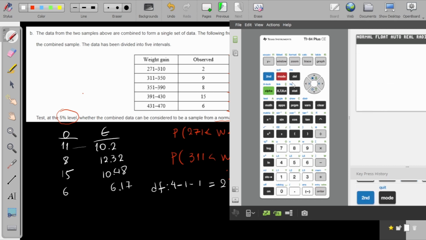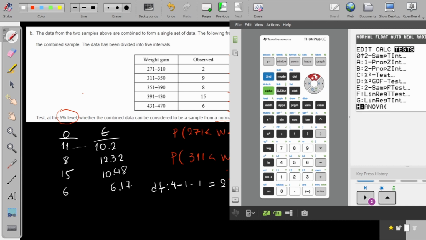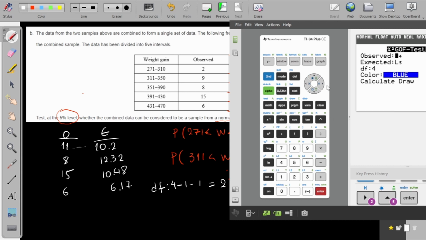So now I will calculate my chi-square goodness of fit. Observed is L4, expected is L5, correct? The degrees of freedom is 2. So now I calculate, and I get my value, 0.17.